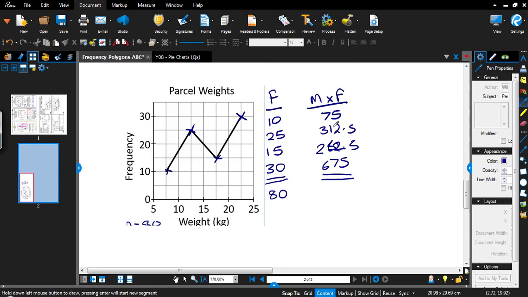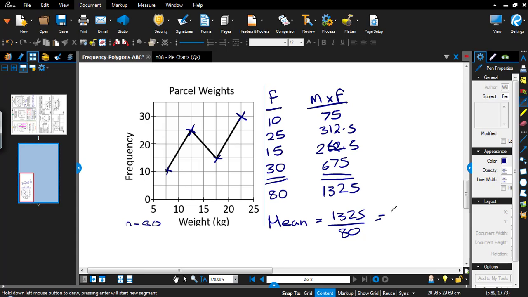And on the other side we'll have 75 plus 312.5 plus 262.5 plus 675, and that gives you 1325. So the estimated mean is 1325 over 80, and when you do that on your calculator, it should be about 17 roughly.